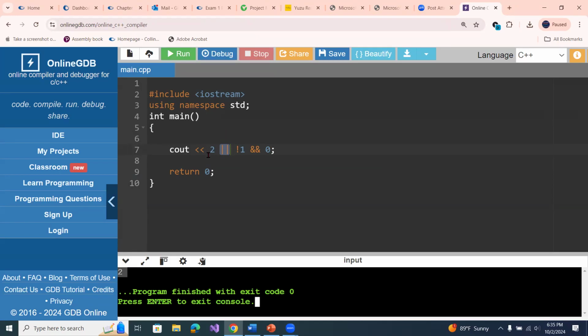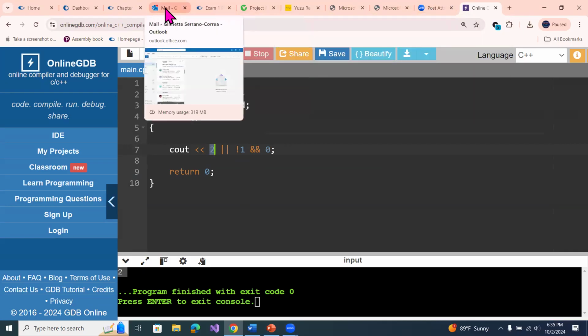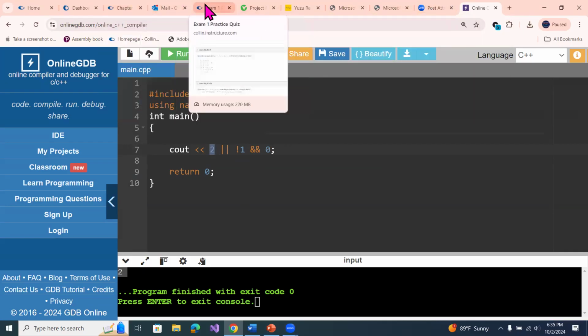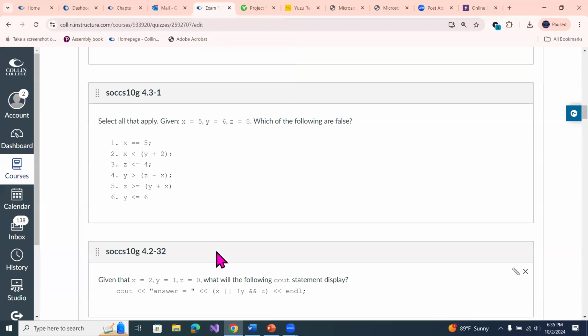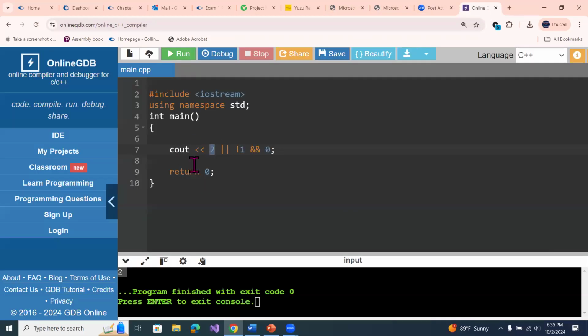So here we're just going to get a 2. We don't have a cout. Okay, so it just interprets the X as a 2. So I guess it just outputs a 2 instead of thinking that this is a true statement.